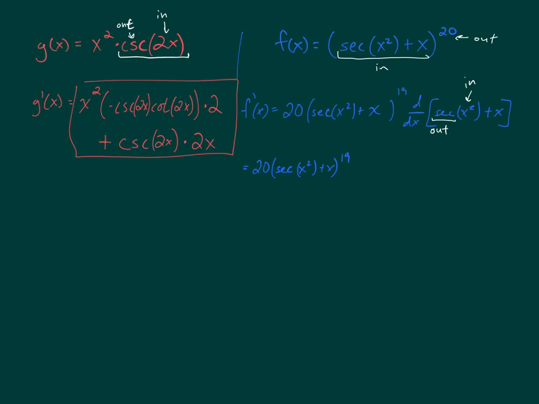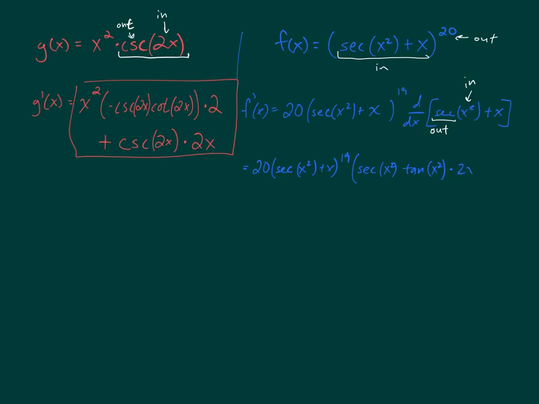And I'm just going to concentrate on this term right here next. So this will be multiplied by, let's see here, that would be secant tangent. That's the derivative of the outside function, and we leave the inside alone. And then we multiply that by the derivative of the inside function, which is the x squared.